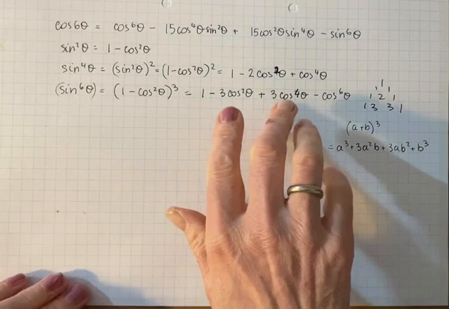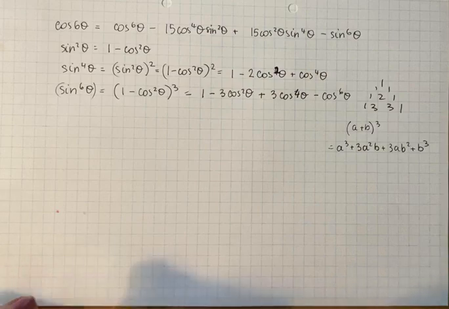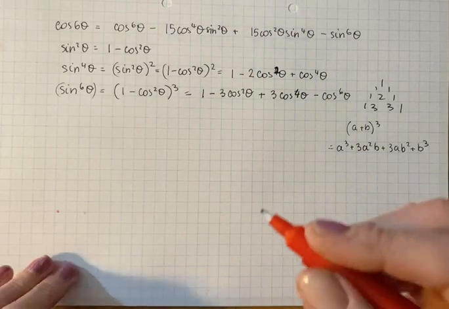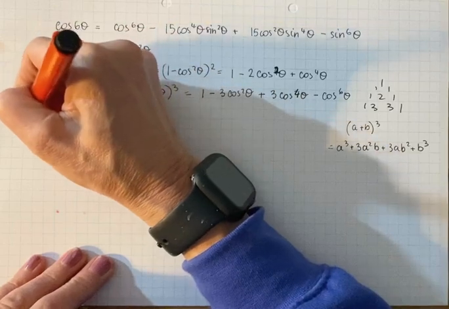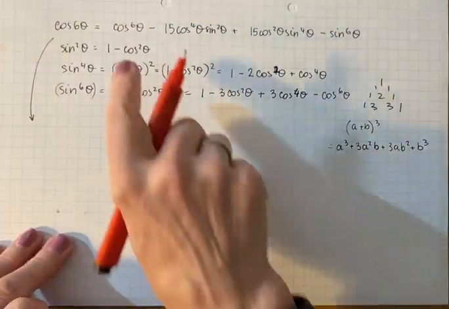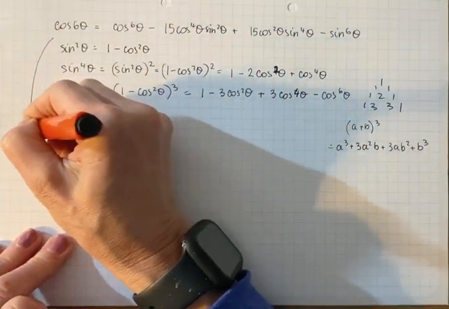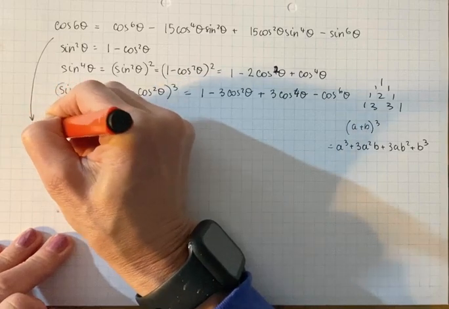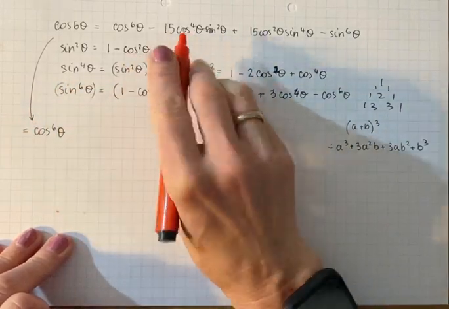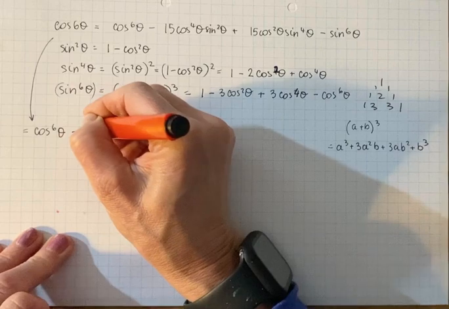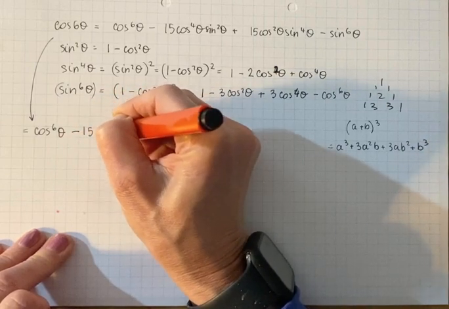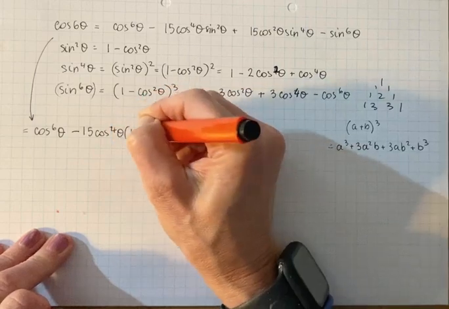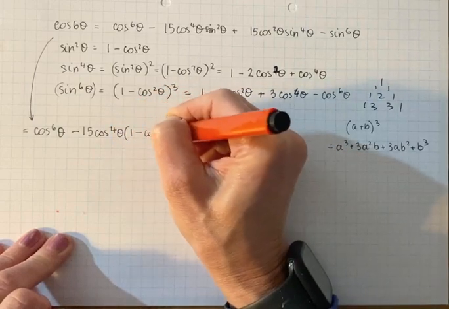Okay, so I'm now going to substitute those replacements into the equation that I've written above. We're going to keep that as it is. This is going to be cos to the power 6 theta. Here we've replaced sine squared with 1 minus cos squared theta.